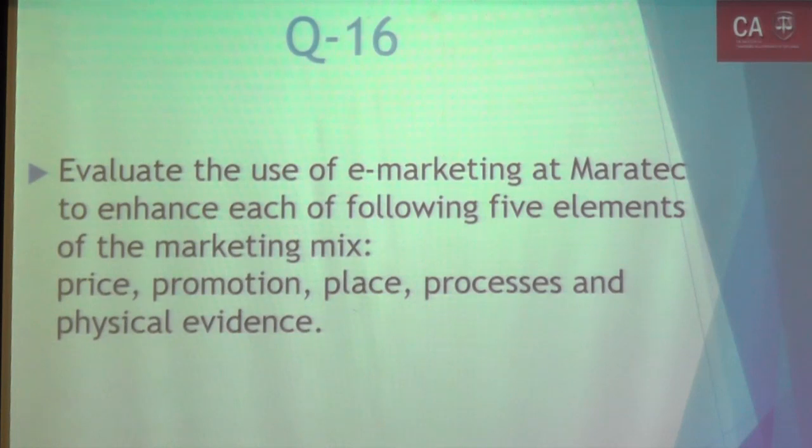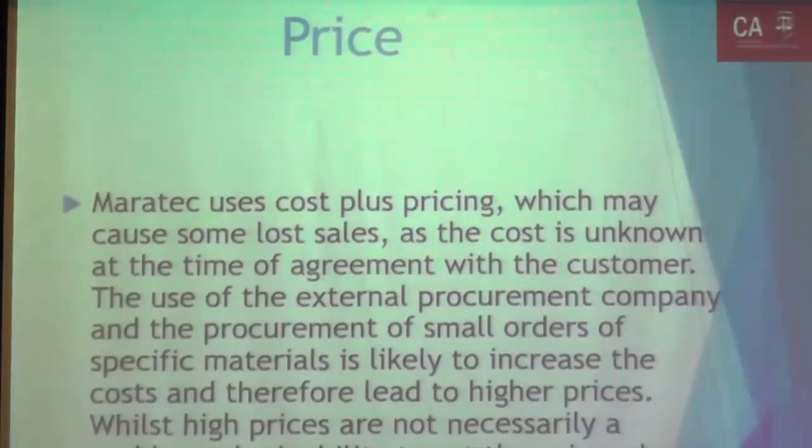But in the recent past, they are looking at how they can implement e-marketing, and there are several things that they're taking into account. Once you read the scenario like this, roughly you can have a good idea about what each paragraph tells you. So, guys, let's see what this is all about.